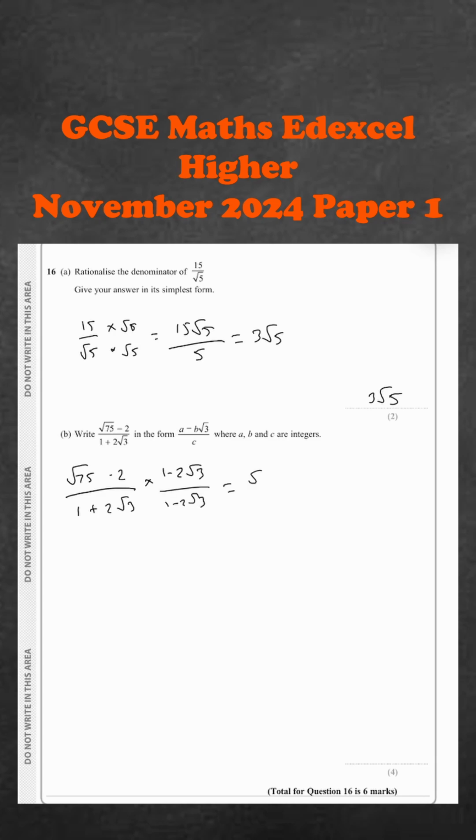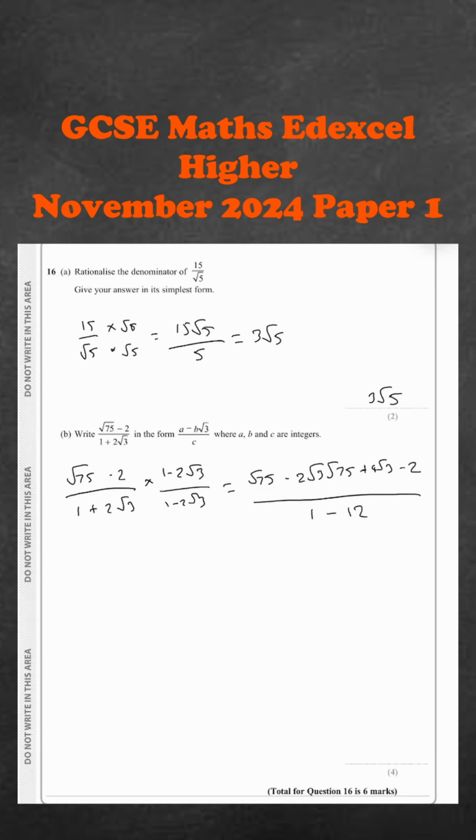So we get root 75, we get minus 2 root 3 root 75. We have plus 4 root 3 minus 2 over 1 minus 12, so minus 11, it seems like on the bottom.